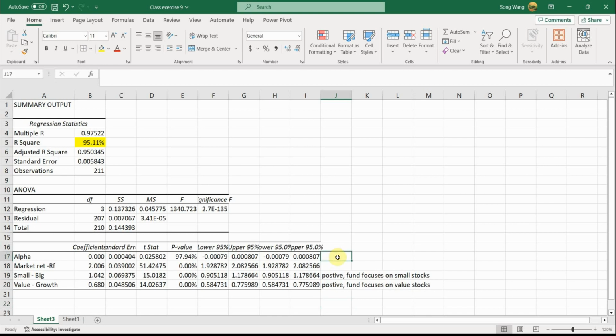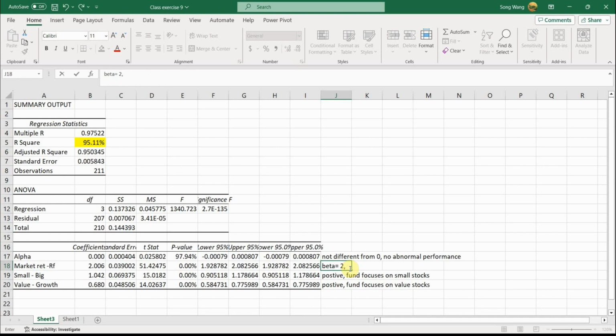So for alpha, it is not different from 0. So there is no abnormal performance. So basically, everything is expected. If the fund has good returns, that basically means they invest in high beta stocks, small stocks, and value stocks. So right here, beta equals 2.